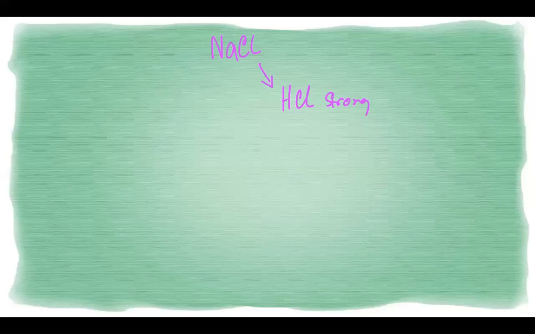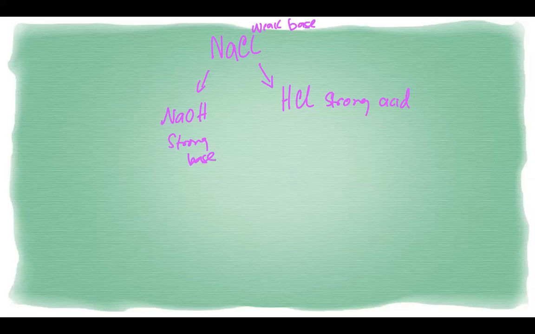HCl is strong, which means Cl minus is weak. It's a strong acid, Cl is a weak base. Sodium came from sodium hydroxide. Sodium hydroxide is a strong base, which means Na is a weak acid. If your cation is a weak conjugate acid and your anion is a weak conjugate base, that solution will be neutral.